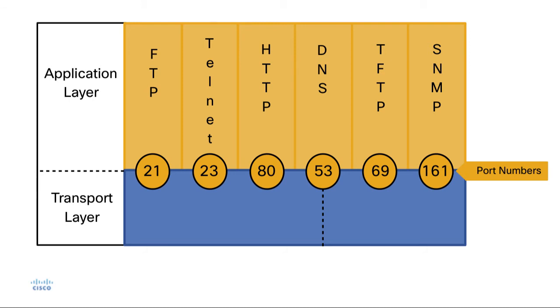The ephemeral ports are port numbers that are above 1023, but we typically see them in the 65,000 range. Anything that is numbered 1023 and below is considered a well-known port by IANA. One application here, DNS, makes use of both TCP and UDP for its transport.